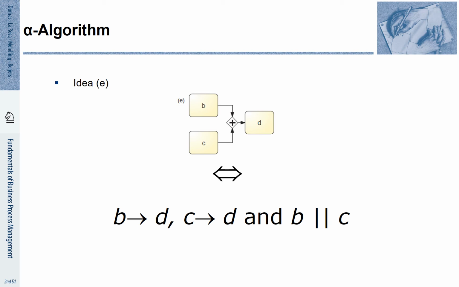Correspondingly, if B leads to D and C leads to D, and B and C are parallel to each other, this is a pattern that would correspond to an AND join. The alpha algorithm now progresses over the footprint matrix and identifies various of these complex patterns. And with these patterns, it compiles them into a BPMN process model.